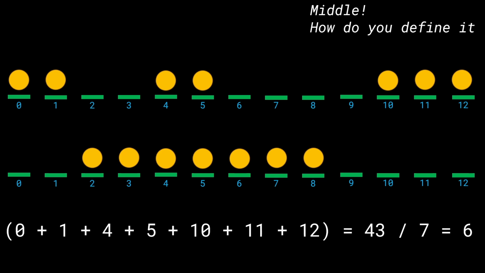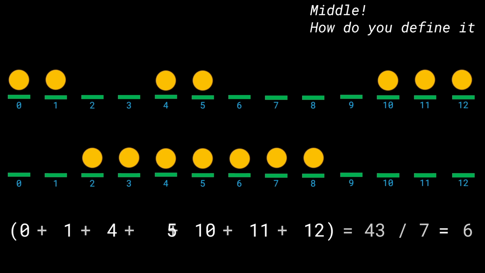Now what this means is that 6 is the middle point of the array, which means that since there are 7 total people, there should be 3 people to the right of 6 and 3 people to the left of 6. However, it looks like 6 is not the right answer. 5 is. 5 is more middle than 6 somehow. So clearly mean is not the correct way to look at it.